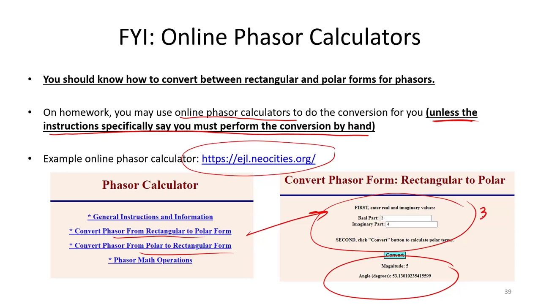So here, the complex number 3 plus J4 is converted to 5 angle 53.13 degrees. And similarly, you can convert from polar to rectangular by choosing the other option. So definitely check out this website, and you'll have an opportunity to practice these on the next homework.